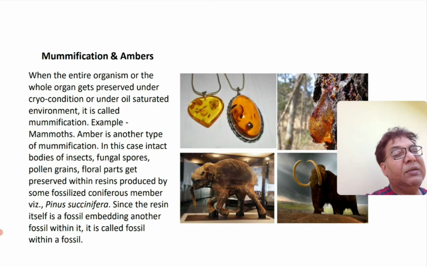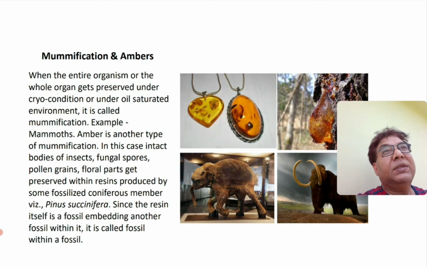Those might get preserved by some mechanism as they are, and those are also one type of fossil. As the fossil definition says, any evidence of life forms. It may be a trace, a trail of an animal, a track of an animal, the burrows of an animal. So these are called trace fossils, also called ichnofossils, ICHNO fossils.